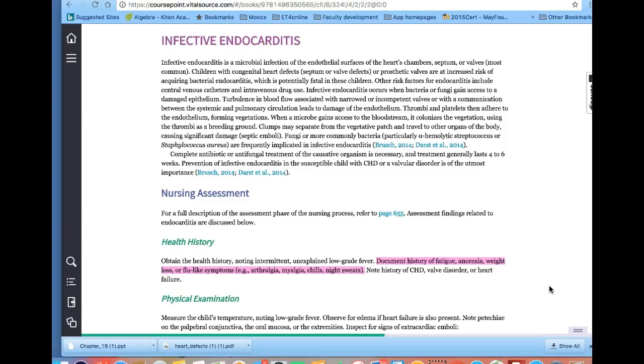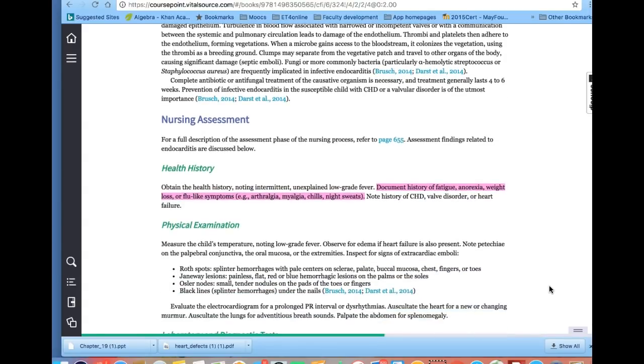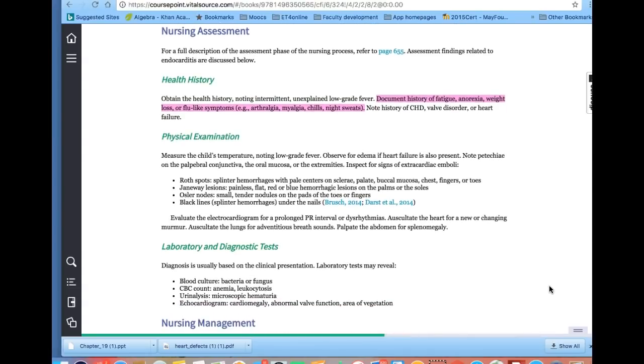Infective endocarditis is bacterial, it can be a fungus, but most of the time it's bacterial in nature. It involves mostly the valves. You hear about valves being infected with infective endocarditis. What you're going to see when you assess these kids is very vague.